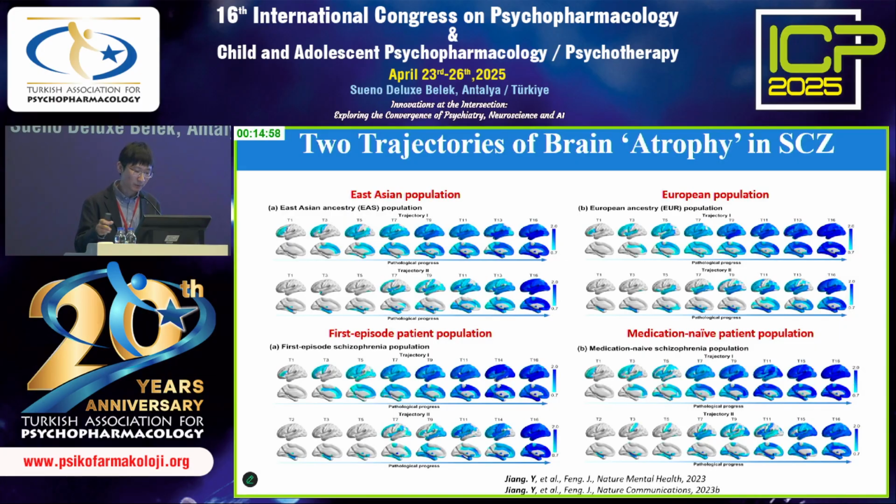We also replicated the two trajectories in the first-episode patient population and the medication-naive population. This finding suggests that the two biotypes with distinct trajectories of brain atrophy are robust and reproducible.